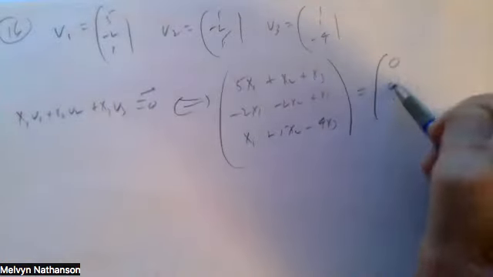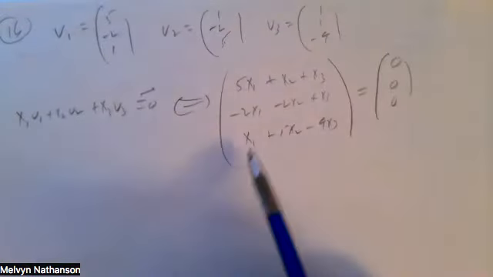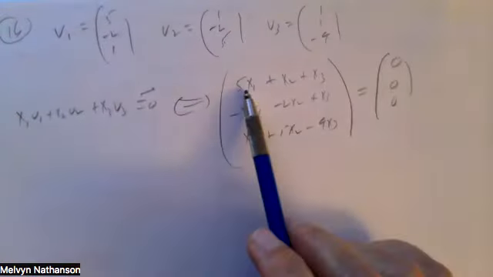We want to know when that is equal to the 0 vector. So we're solving three equations in three unknowns.